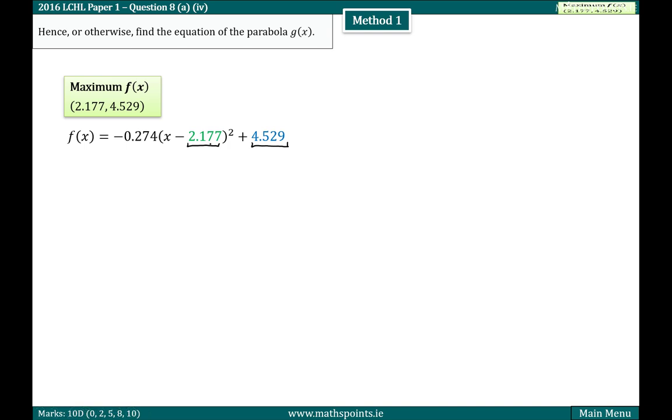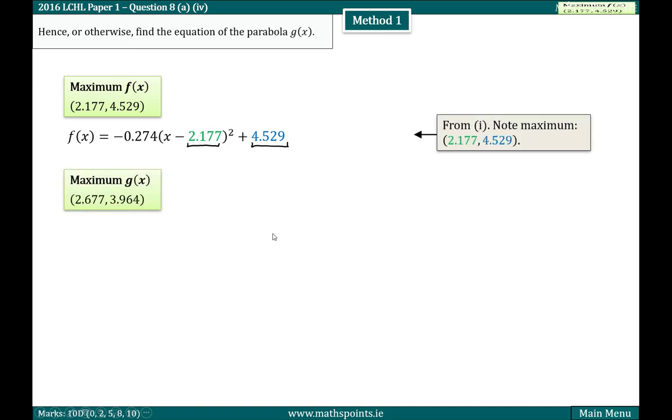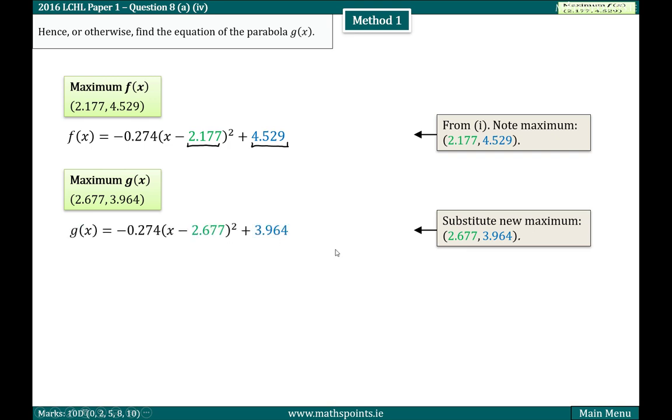All we're going to do is take out those two values for the x and y coordinates of the maximum, and sub in the maximum that we just found in g of x. Now, even if we didn't find it, they had given that to us, and we'd be able to sub it in. So the equation of g of x is as simple as minus 0.274 on (x minus 2.677) squared, the x coordinate of the new maximum, plus 3.964, the y coordinate of the new maximum.